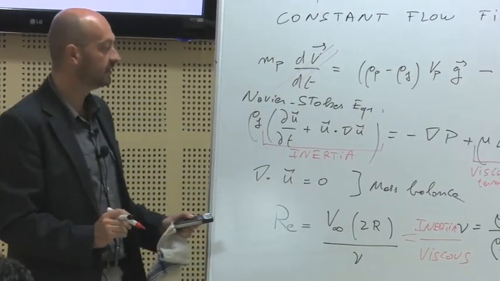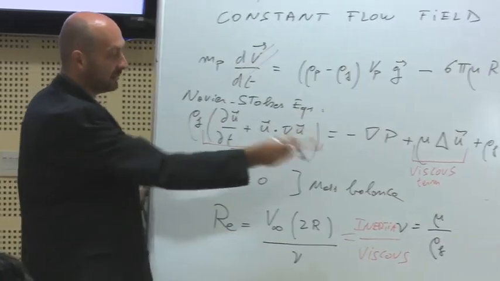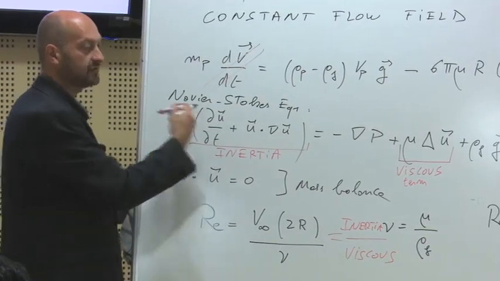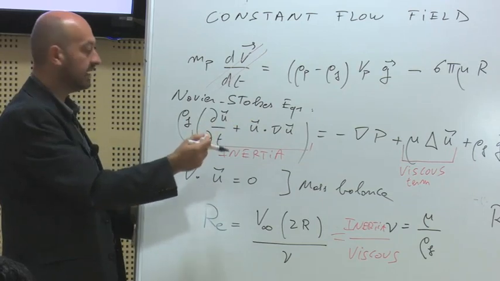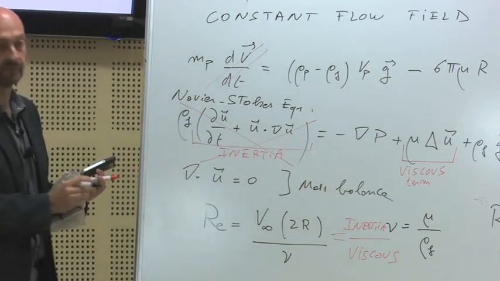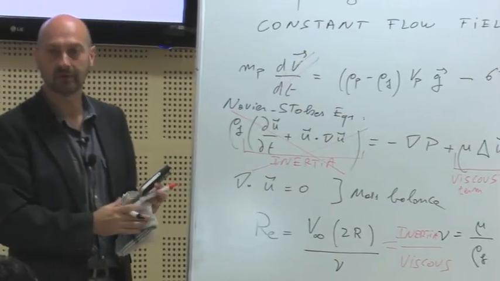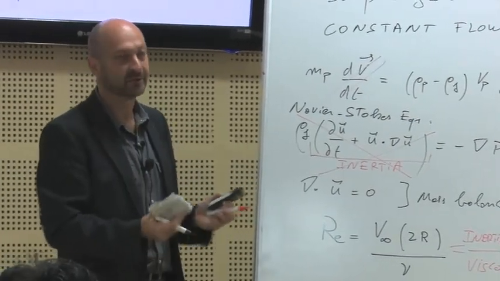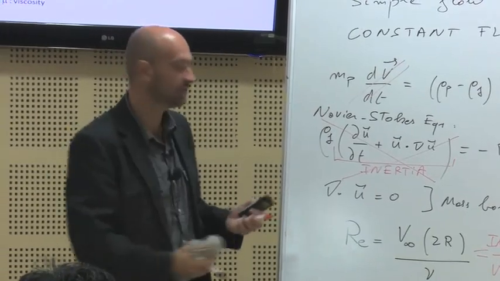And this is what Stokes did. He said, if the Reynolds number is very low, instead of solving the Navier-Stokes equations, I only have to solve the Stokes equations. At that time it wasn't called the Stokes equation, but now we call it the Stokes equation because of Stokes.